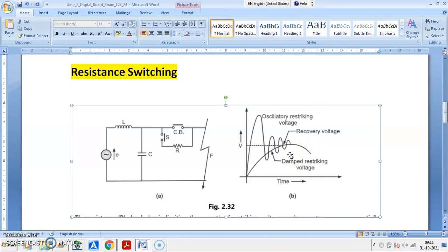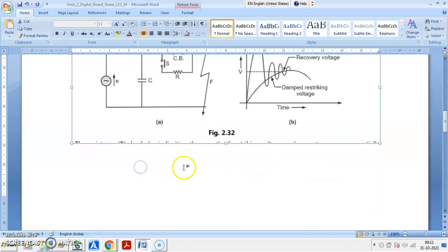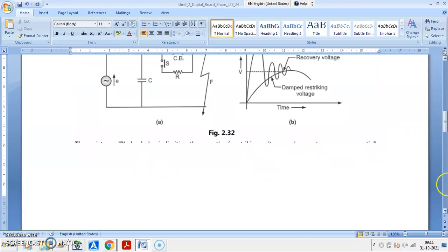Okay. So the resistance across the circuit breaker contact performs major functions, that is, the rate of rise of restriking voltage, RRRV.